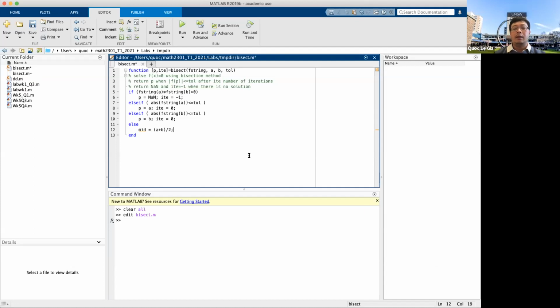And now how many times do we have to do the iteration? Do we know how many times we have to do the iteration?